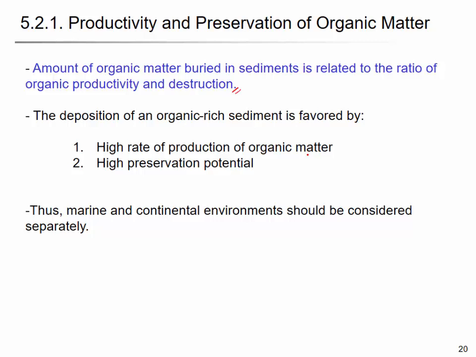By the oxidation or redox reaction, or the microbial also, the bacteria can decay it. So then you have only the CO2 remaining after that. So there should be some preservation mechanism to keep the organic matter before it converts to the hydrocarbon.